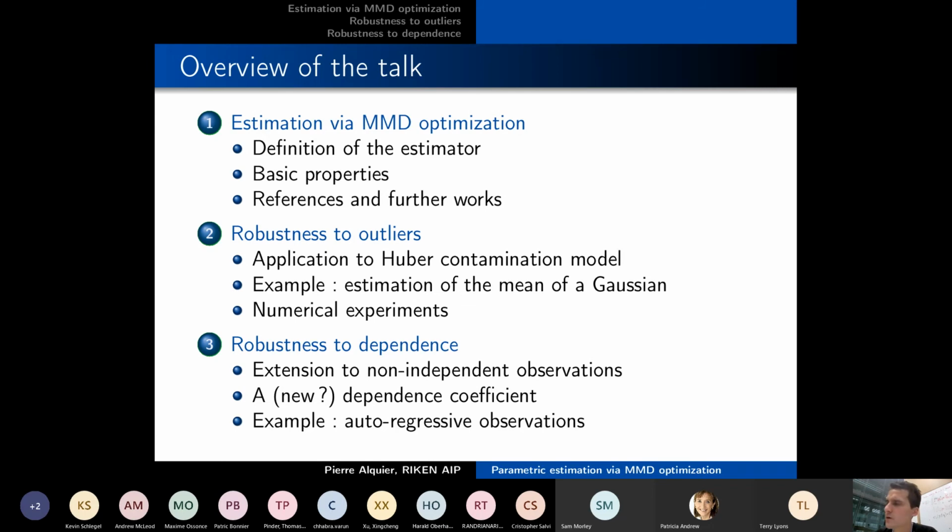And even though it might look like a dumb idea, in the sense that it gives a very simple estimator and very simple results, it satisfies this universality requirement, and it gives nice results, especially in terms of robustness to outliers. And hopefully I will have time to talk about problems of dependence in the observations as well.